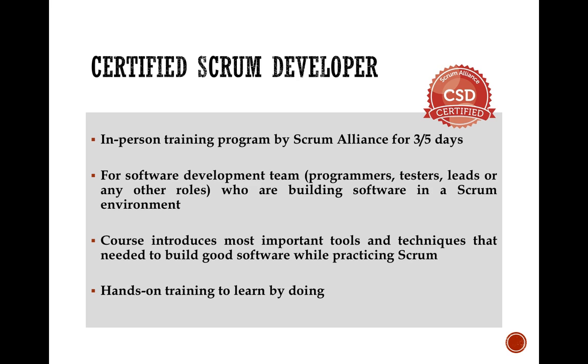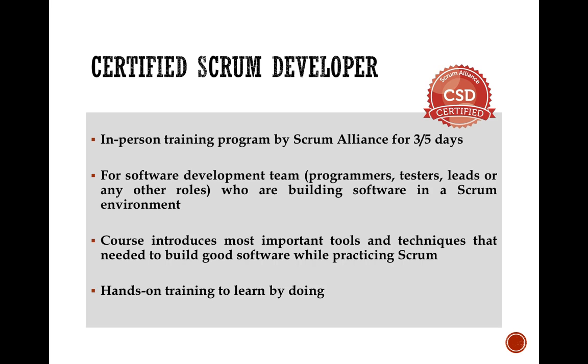The CSD program is an in-person training program by Scrum Alliance, which has two tracks, a 3 days track and a 5 days track. In the next slide, I will talk about what this 3 days program is and what this 5 days program is. This program is for people who are involved in building software. It could be a developer, tester, engineering manager, software development manager, Scrum master, or agile coach.